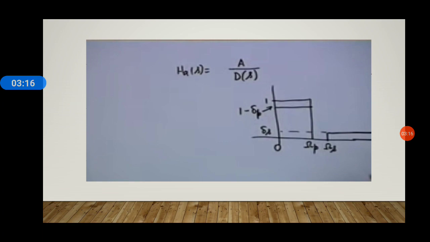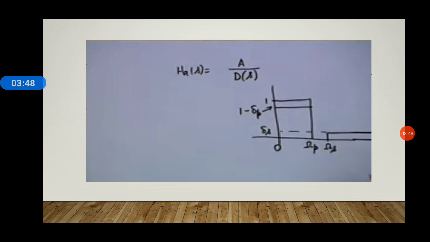So here, whenever we are to design an analog filter, we are to find out H_a(s) in terms of some constant divided by the denominator, which will be in terms of s. What will be specified as per the requirement or in the problem given to us is delta p, delta s, omega p and omega s.